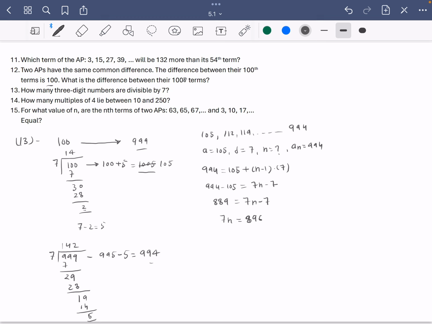So n is going to be 896 over 7, which is 128. That means there are 128 three-digit numbers that are divisible by 7.